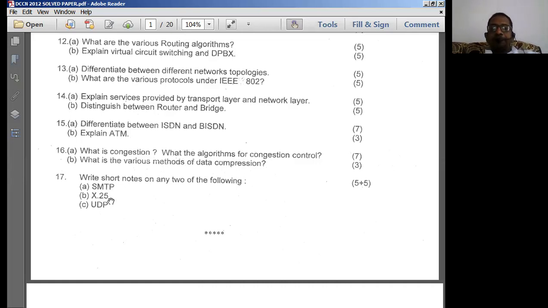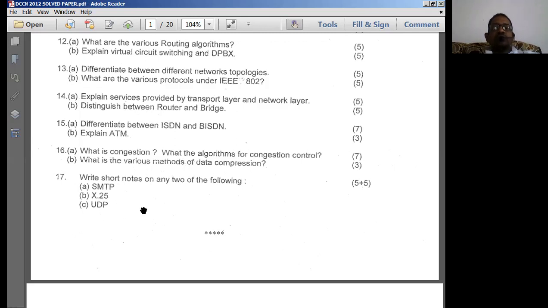X.25 is a connection oriented type of network, and UDP is a transport protocol called user datagram protocol. X.25 is mentioned in unit number 1 in our syllabus, UDP is mentioned in the transport layer unit, and SMTP is in unit number 1.